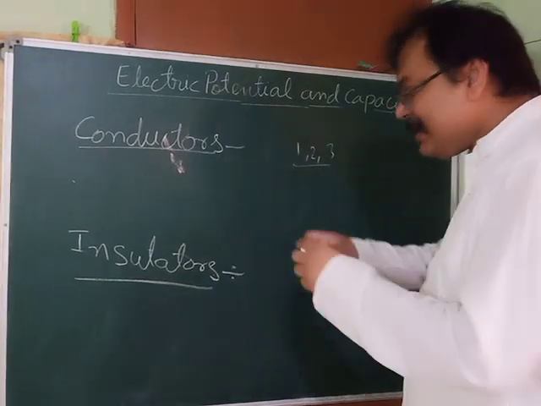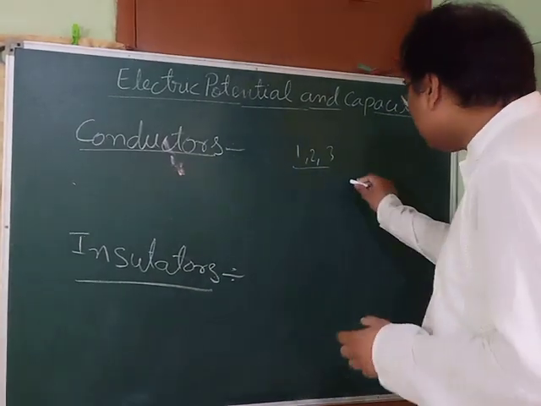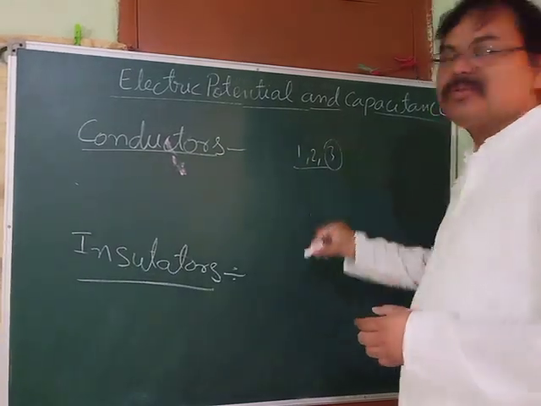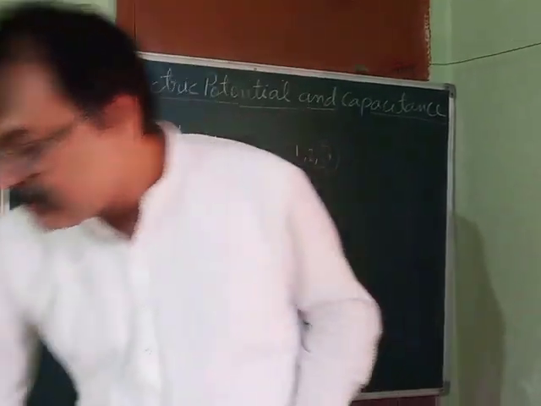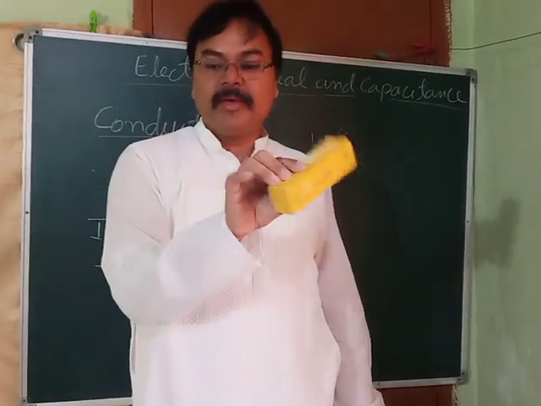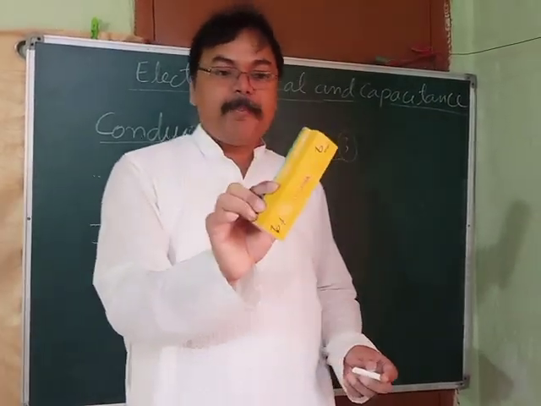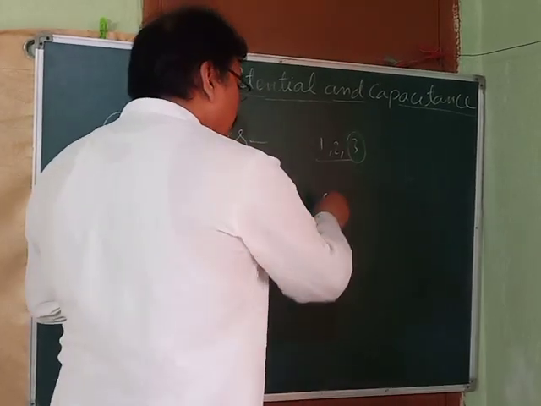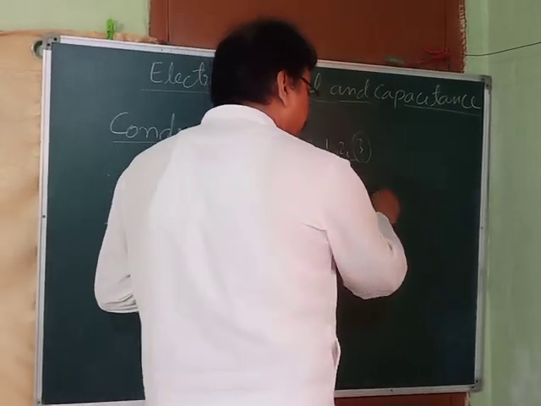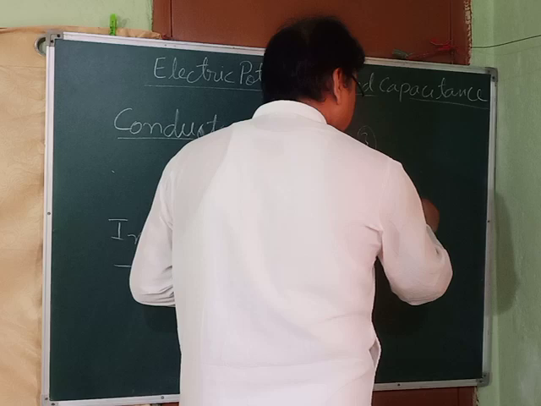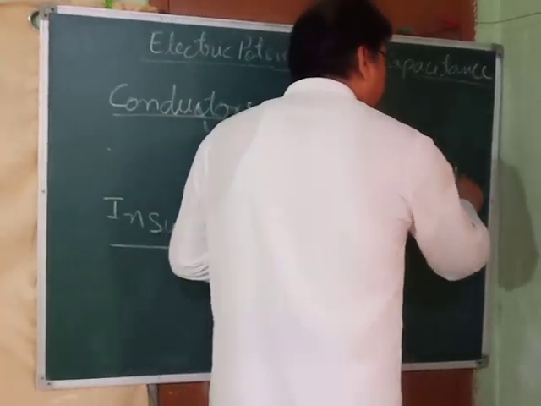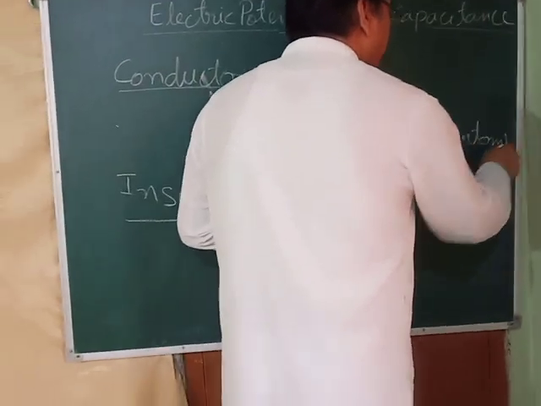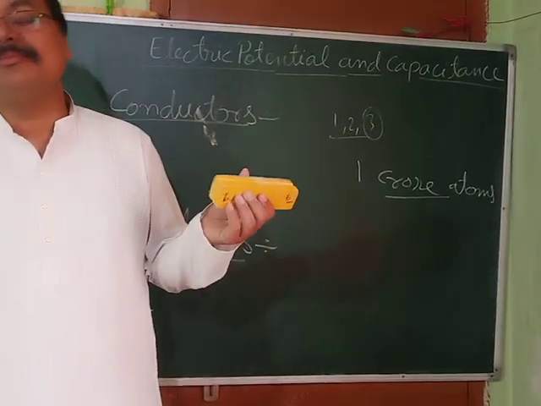And when you take a piece of, suppose, aluminium, you know aluminium has how many electrons? 3 electrons in the outermost shell. So suppose this piece of aluminium contains 1 crore atoms of aluminium.